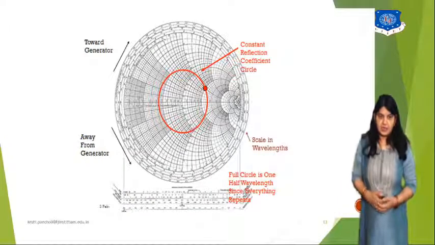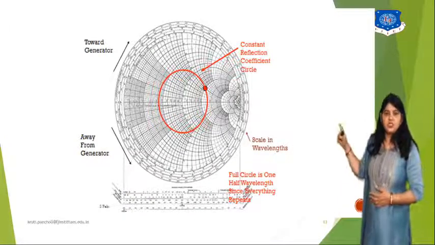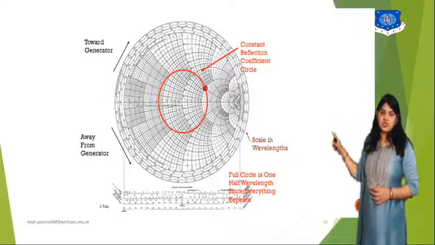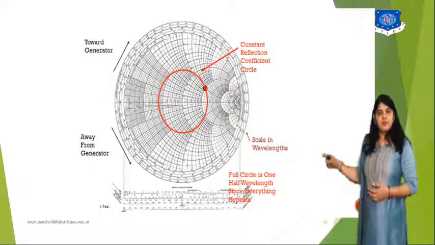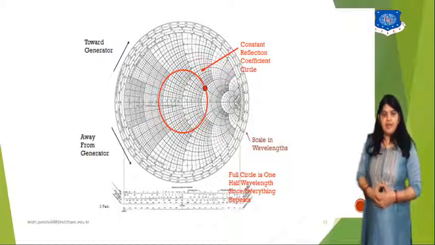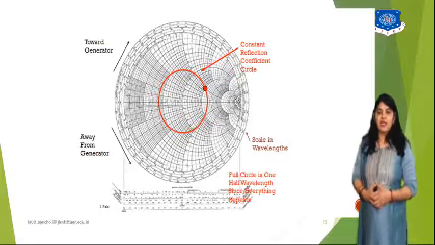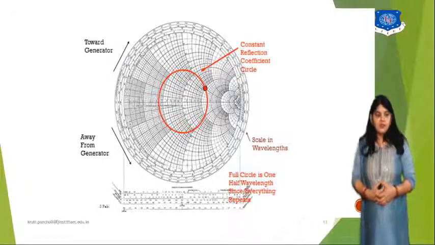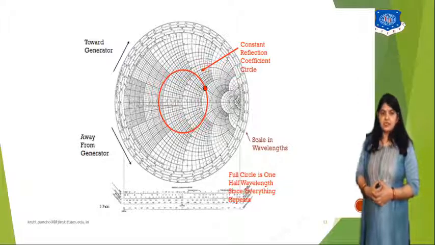In the diagram, the constant reflection coefficient circle is marked in red. Then the scale in wavelengths is on the boundary. The full circle is 1/2 wavelength, since everything repeats there.